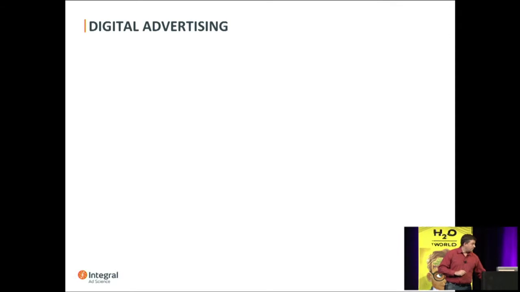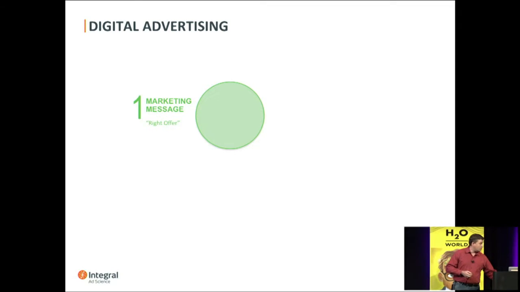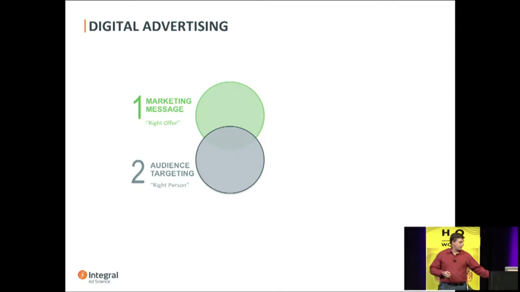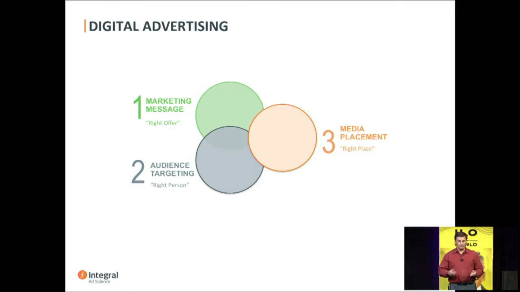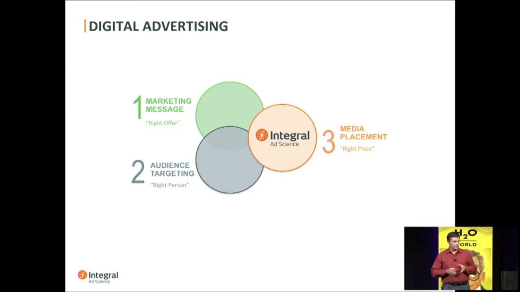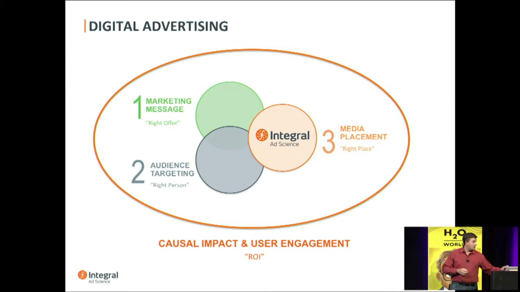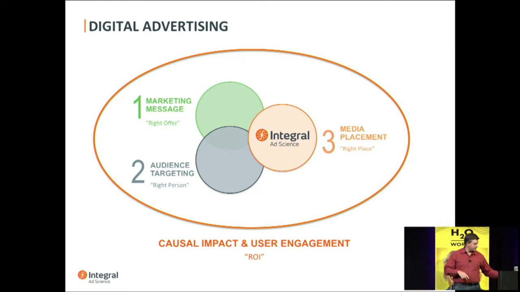In general, in advertising, you develop your marketing message, you know your audience, and then the remaining piece is the environment in which you deliver this message. And basically, this is what we care about the most. We also can measure the impact of the ads in a causal fashion. I'll talk about it later.